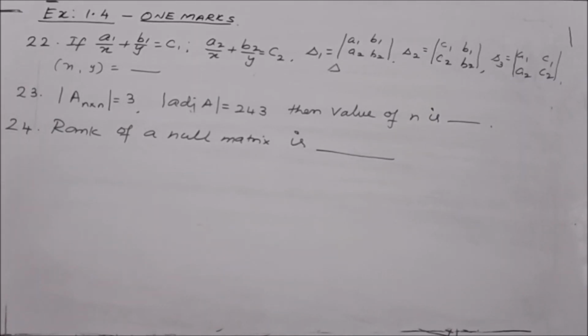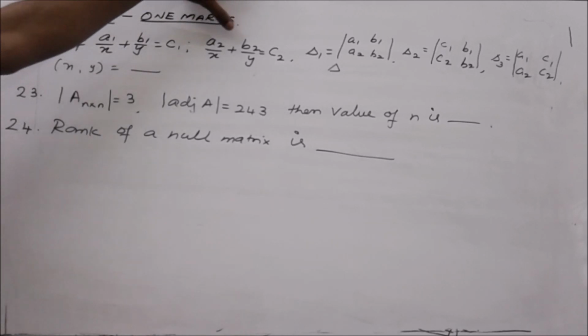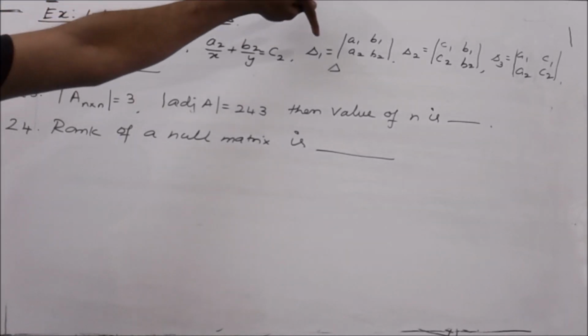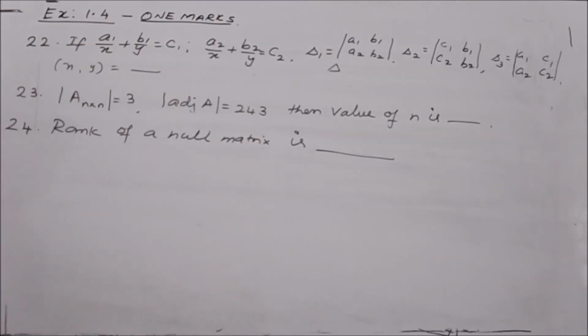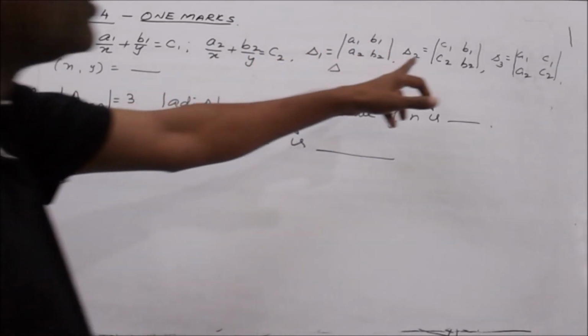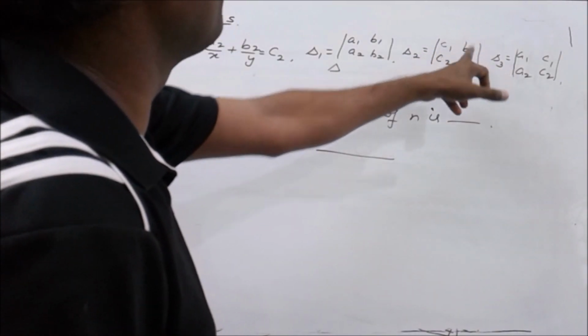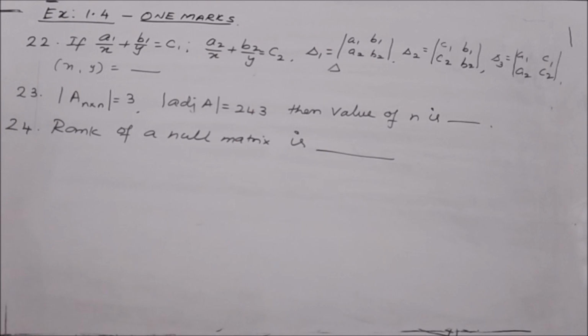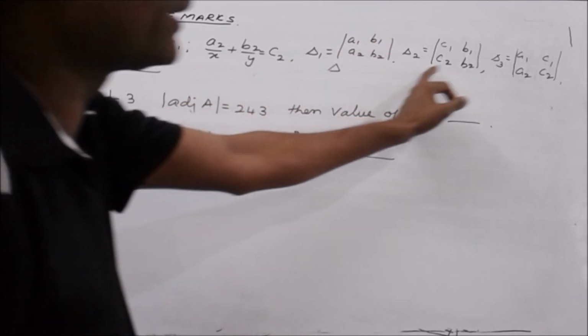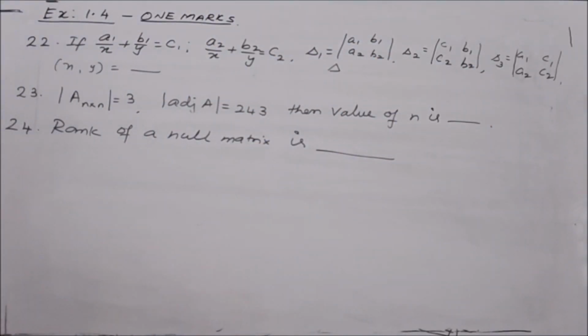Question number 22. If a1 by x plus b1 by y equal to c1, a2 by x plus b2 by y equal to c2, and then delta 1 equal to a1 b1 a2 b2, and delta 2 will be equal to c1 b1 c2 b2, delta 3 a1 c1 a2 c2. Usually we take delta x, delta y, but here given delta 1, delta 2, delta 3.